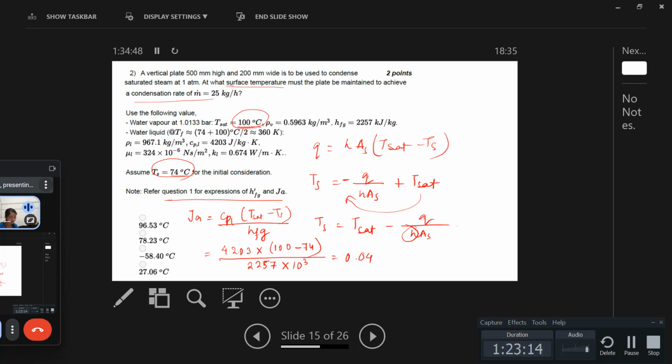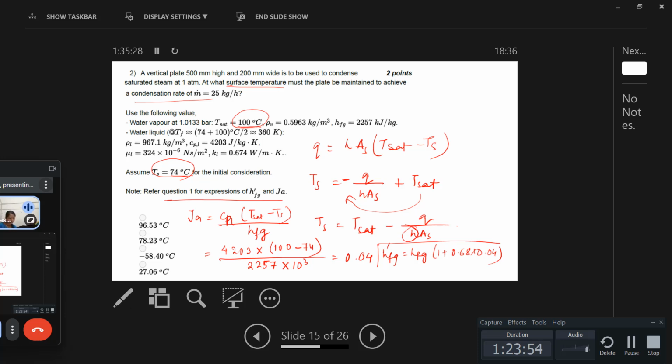Then if we calculate the HFG prime now, HFG prime is equal to HFG into 1 plus 0.68 into 0.04. So we get this into HFG is 2257.